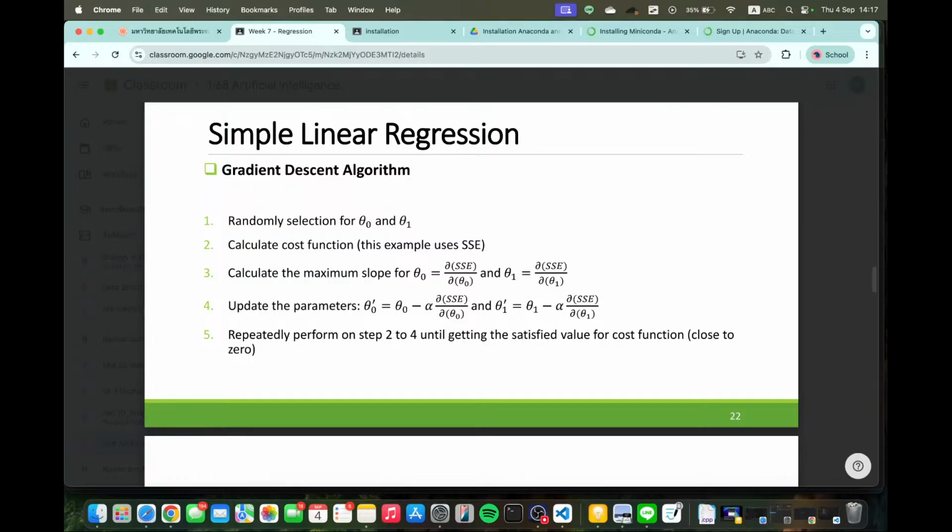In this case, you get only x, because theta 0 is a constant. If you differentiate a constant, it means 0. But if you differentiate this one, you get x. So you get x for the second term, and you get this one for the first term. When you multiply this and this, you get that.